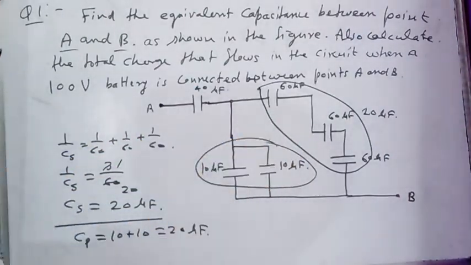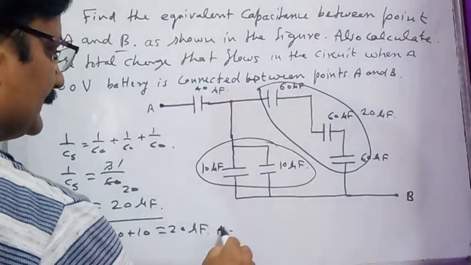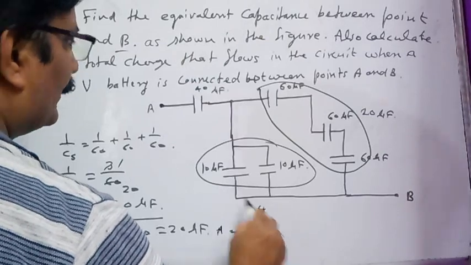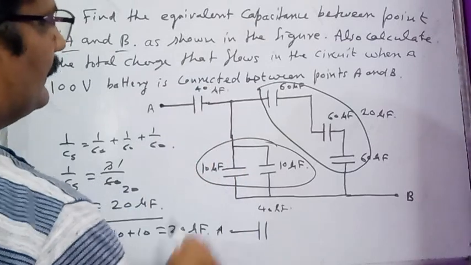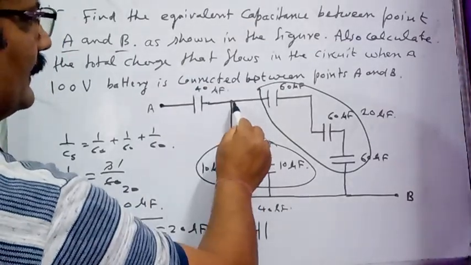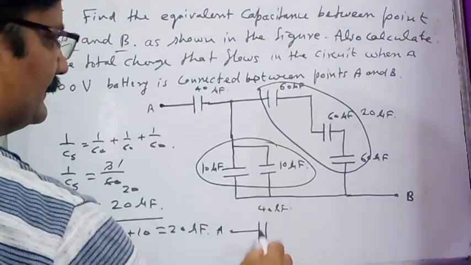Now if you redraw this, you can get A, point A is here, 40 microfarad capacitor. This 40 microfarad capacitor is in series with these two capacitors.